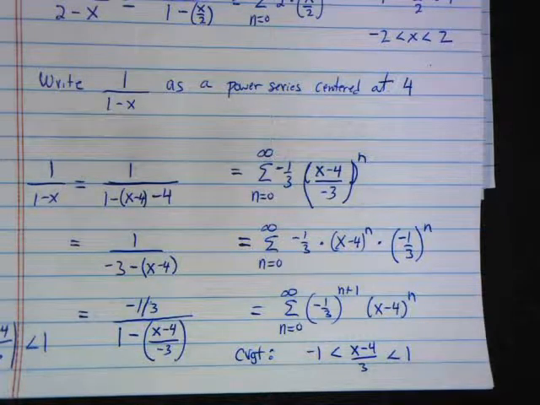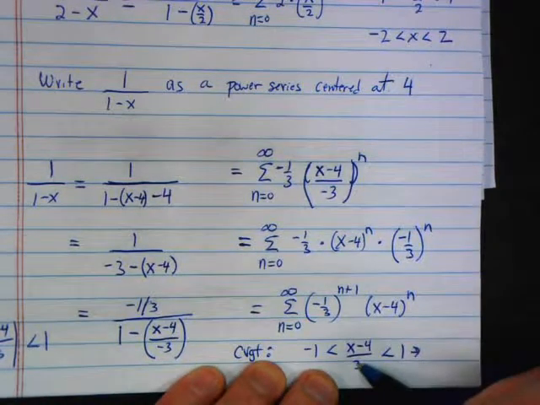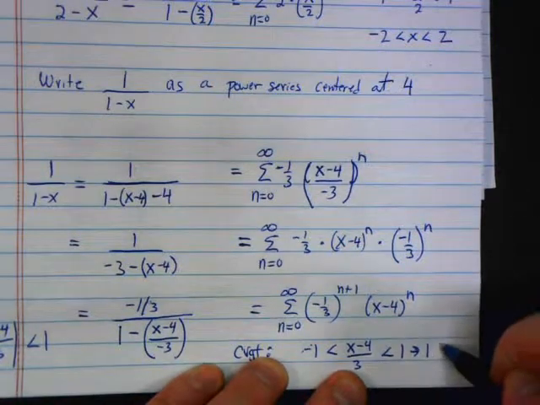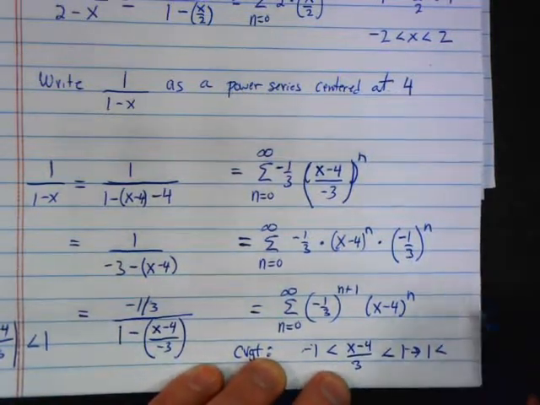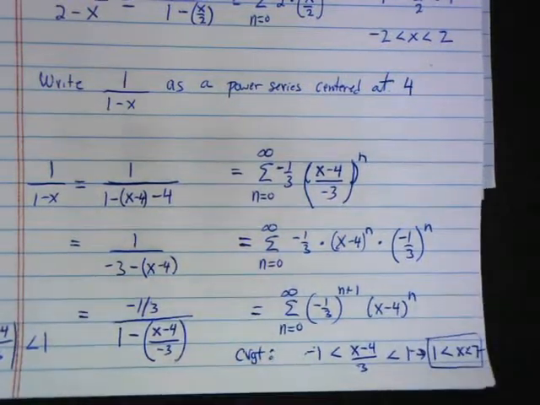So to find the interval, you would first have to multiply by 3 and then add the 4. If I multiply by 3, that's going to be -3, add 4, that's 1. Multiply by 3, add 4, that's 7. So that one would converge between 1 and 7.